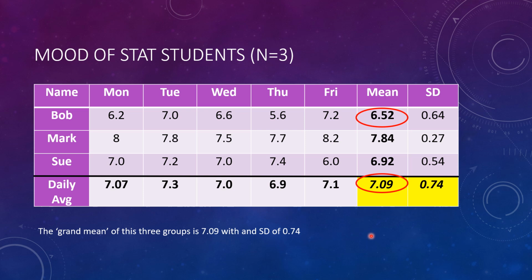The point is, moods fluctuate and things fluctuate, and this is an example of random variance down to the individual. Look, Bob oscillates a little bit. He goes up by 0.8 from Monday to Tuesday. From Tuesday to Thursday, he drops 1.4 points. We see the same drop for Sue on Thursday, from 7.4 to 6. That's a drop of 1.4 points.